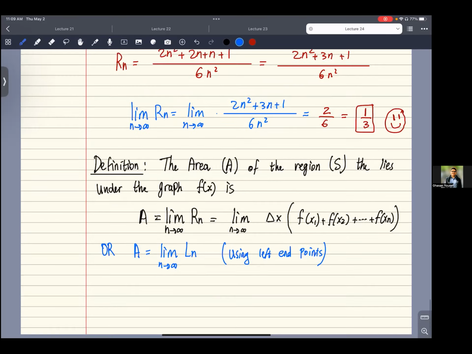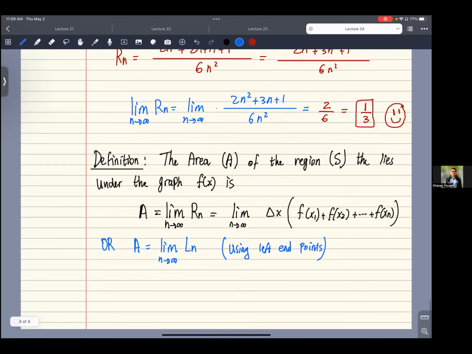Okay, so what is the formula for this one again? It is delta x times f of x0 plus f of x1 plus dot dot dot up to f of x n minus 1, not up to xn. This is the area.